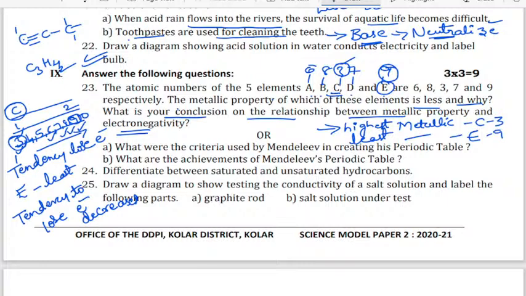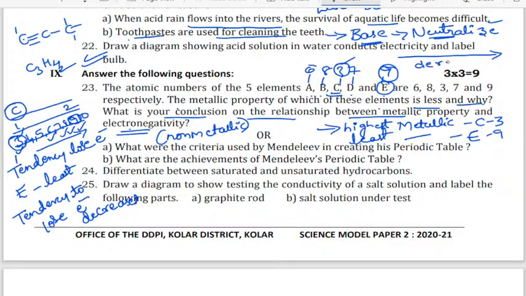Okay. So next, they have asked about the relationship between metallic property and electronegativity, right? Electronegativity is nothing but non-metallic property. When we move from left to right, metallic property, the tendency to lose electron, decreases.